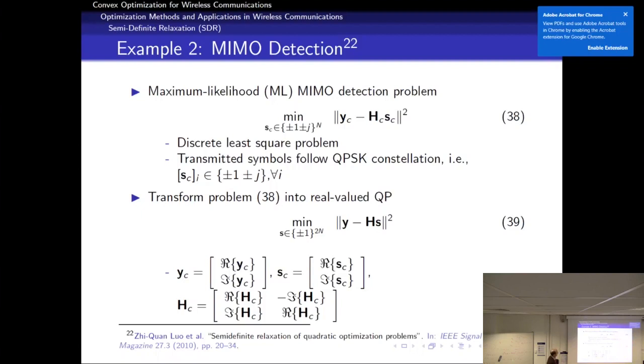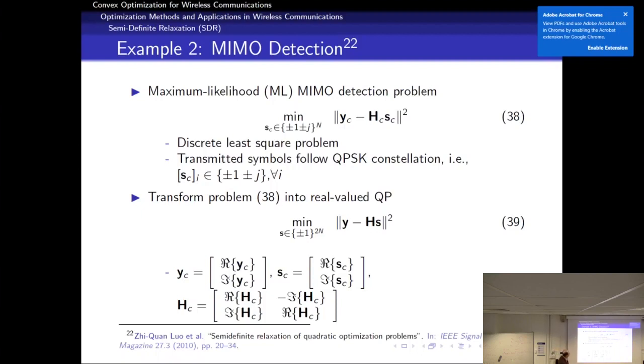So instead of using maximum likelihood and doing an exhaustive search, I want to formulate this differently such that it looks like an optimization problem, and we can solve it using semi-definite relaxation. That would give you an alternative solution for receiver design compared to the classical ML strategy, zero forcing and so on. So how can you do that?